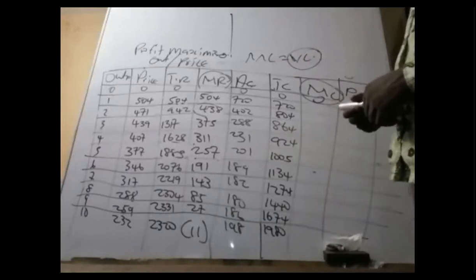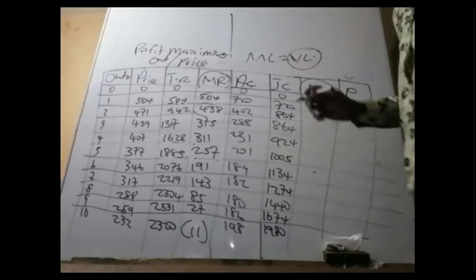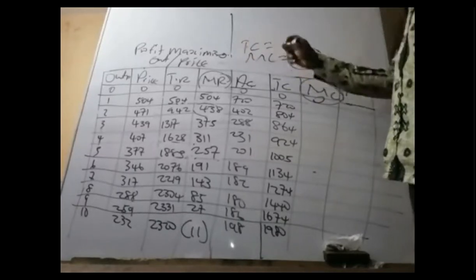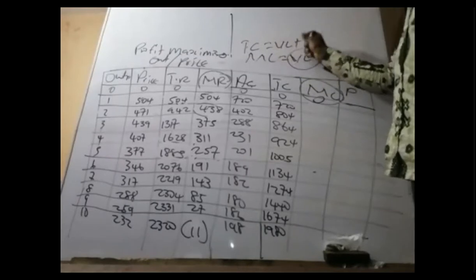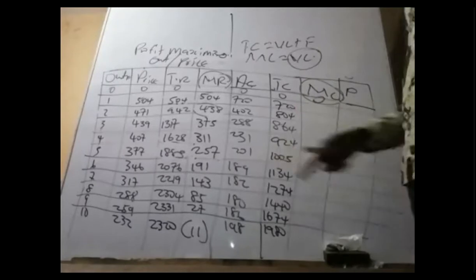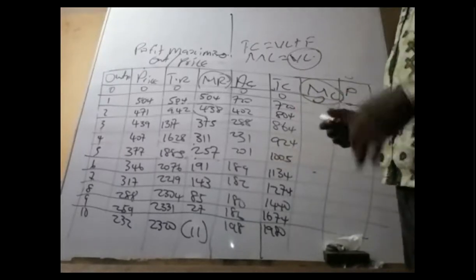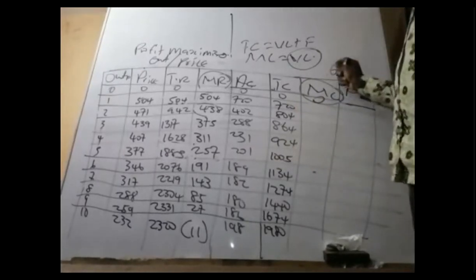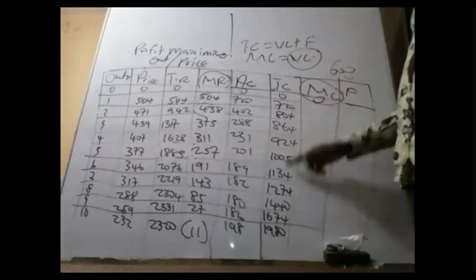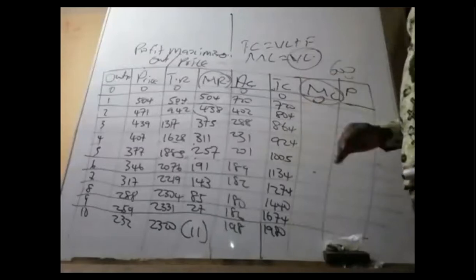Let's go to the cost formula. Total cost is equal to variable cost plus fixed cost, right? So now we know the total cost. In this question, we're told that the fixed cost is 600. So that means if I subtract 600 from all the total costs individually, I'll get the variable cost.